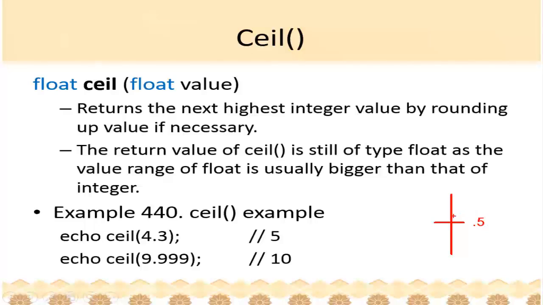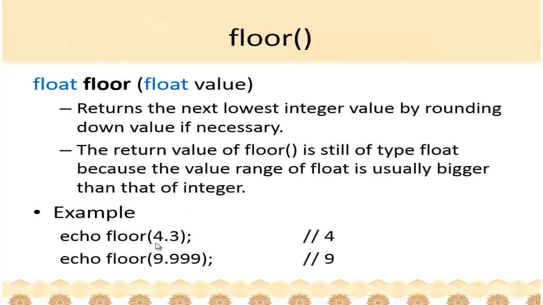If the value goes beyond 0.5 when you try to round it, it goes to the top value. If it is below 0.5, it is brought down to the previous value. However, ceil takes it to the top value regardless of the value. With 4 point something, ceil means you are just taking it to the next integer value.